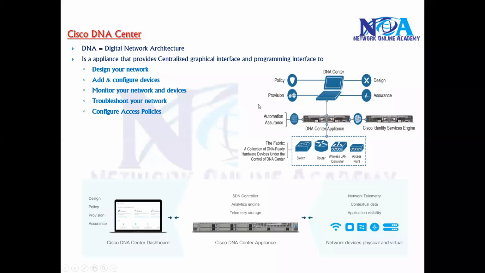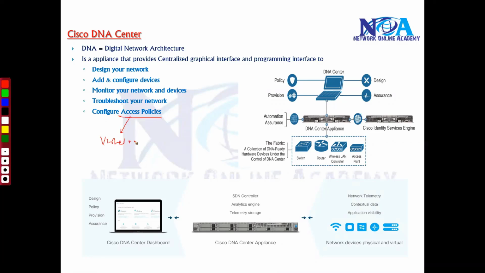And then finally, you can also configure some specific policies. Now, these access policies define exactly what you want or how you want your network to behave. In simple words, it allows you to build virtual networks. Just like a virtual LAN, where you have a separate LAN separation, similarly we can build some virtual networks.